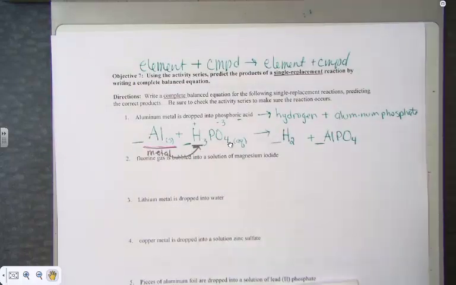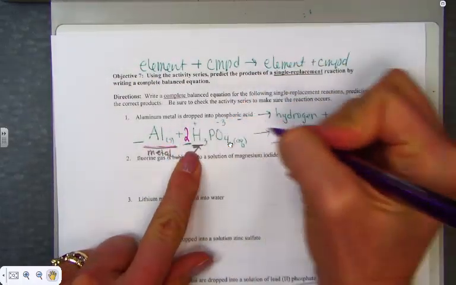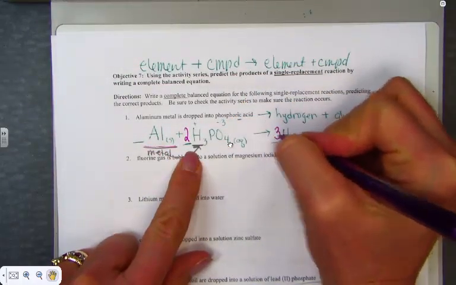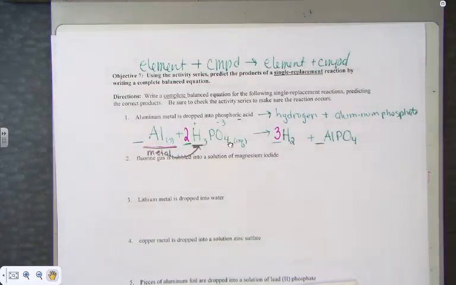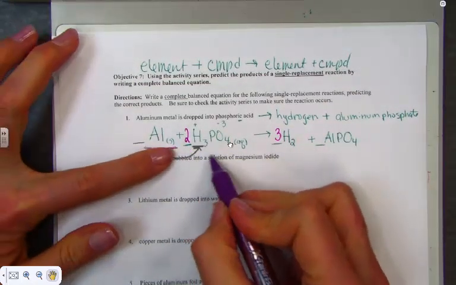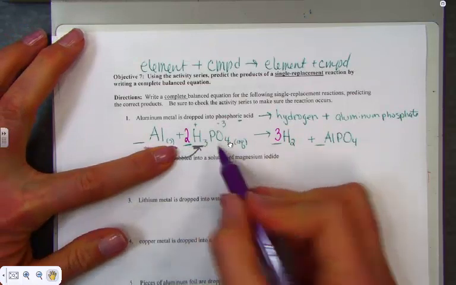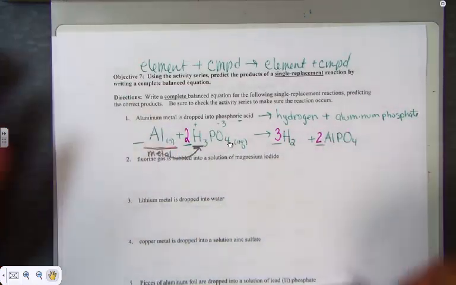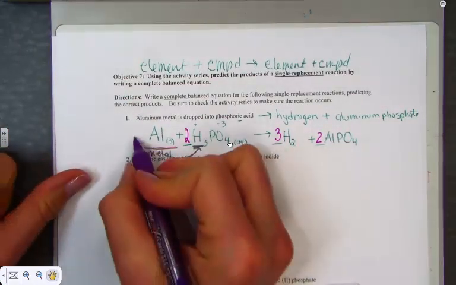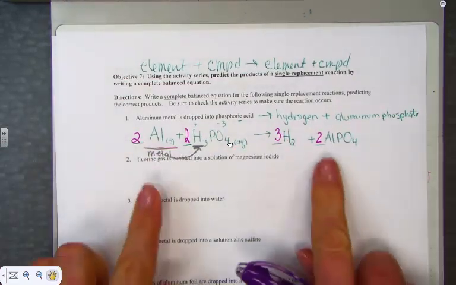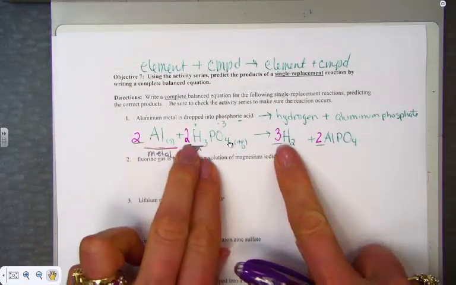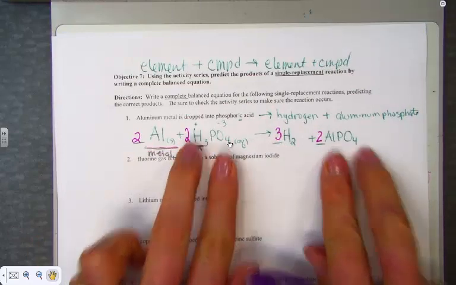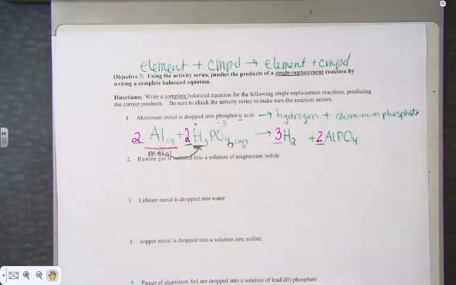When we double the odd number, that gives me 6 H's, and I can repair that with 6 H's. However, that changed the phosphates, gave 2 AlPO4s to balance those, and backing up to repair the aluminum. 2 Als, 6 H's, and 2 groups of PO4. We now have a balanced equation.